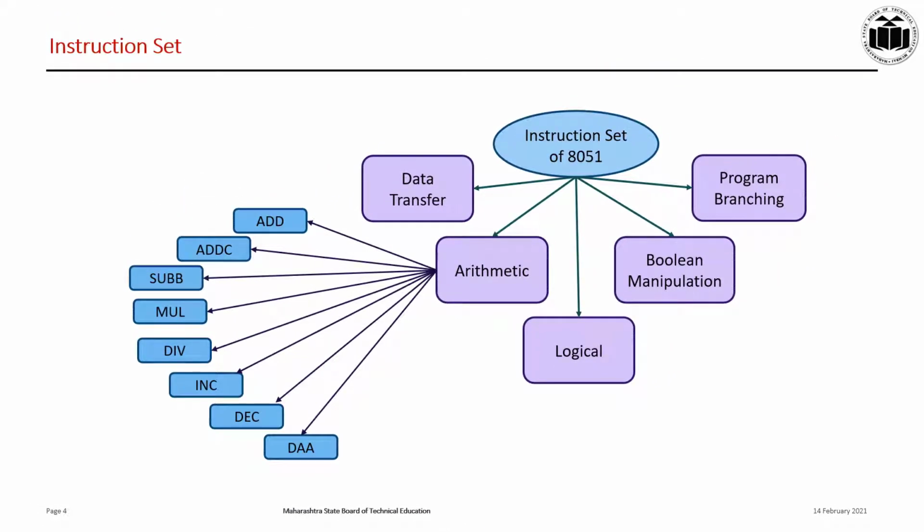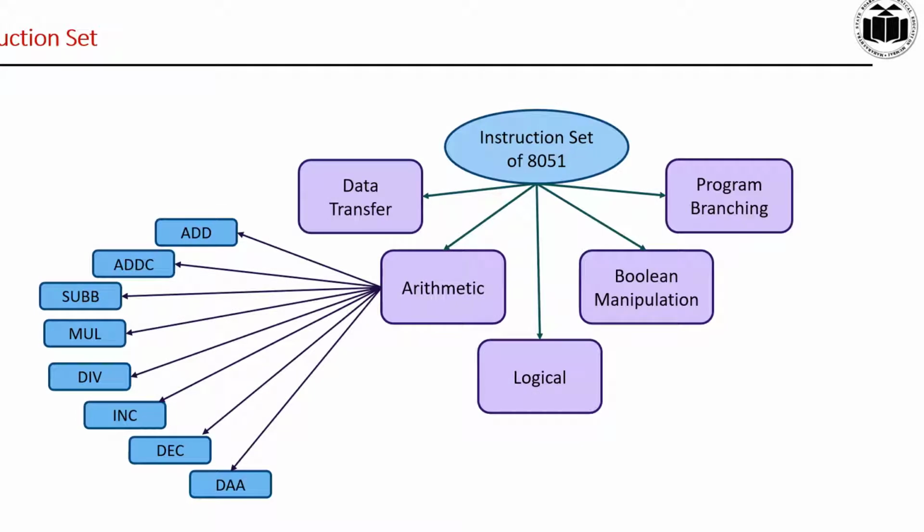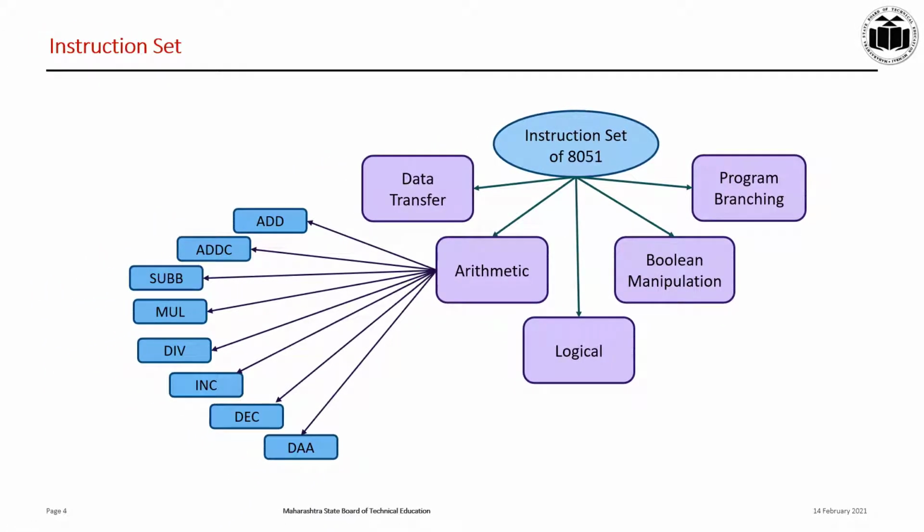8051 microcontroller supports 8-bit arithmetic unsigned operations. One of the operands in an arithmetic instruction is the accumulator. The other operand, if there, will be an immediate value, direct memory, register, or register indirect, except in case of MUL and DIV, where register B is used to hold the value of the second operand.